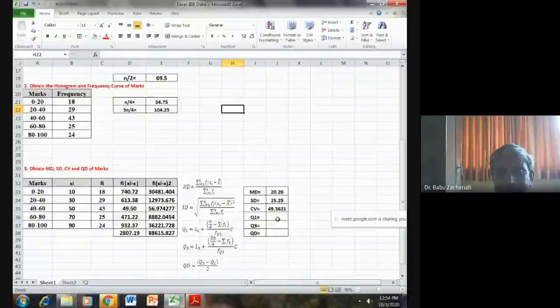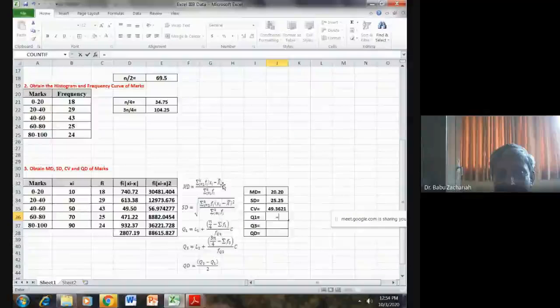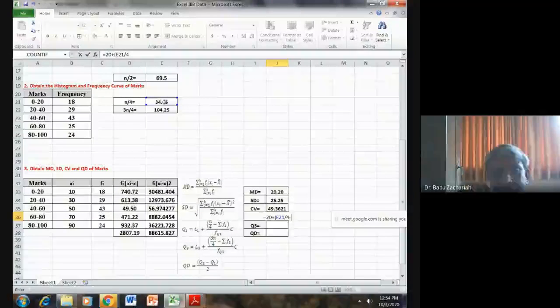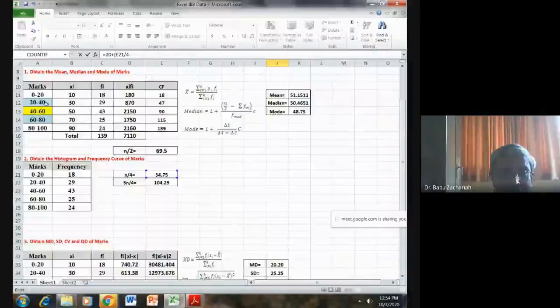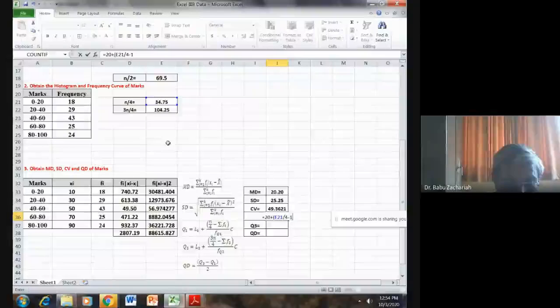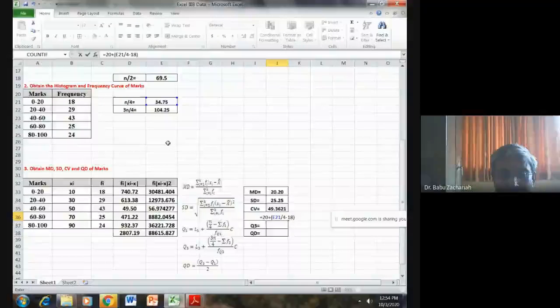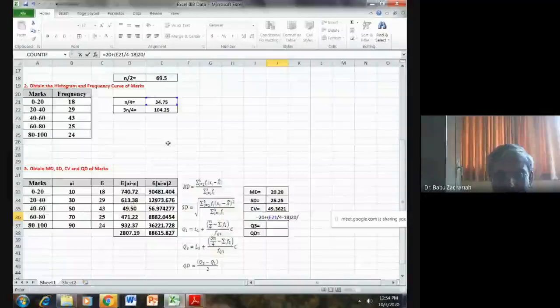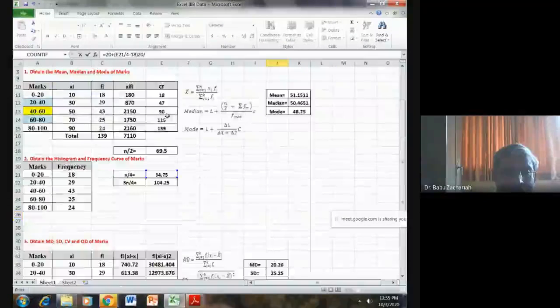Q1 is equal to L1, the lower limit of that, that is 20, plus n by 4, within brackets n by 4, minus sigma f1, the cumulative frequency of the previous one, that is 80... into the class width, that is 20, divided by fQ1, the frequency of that class, 29.